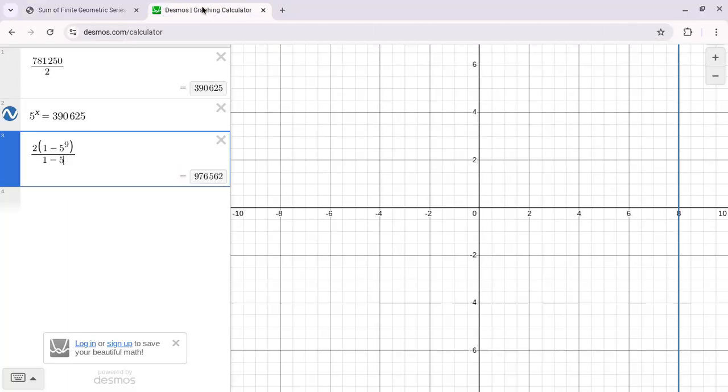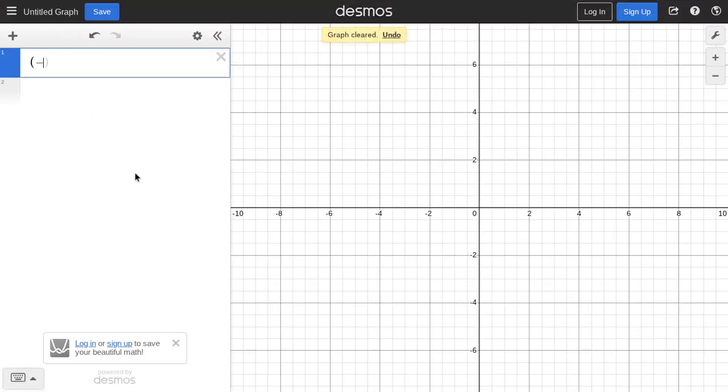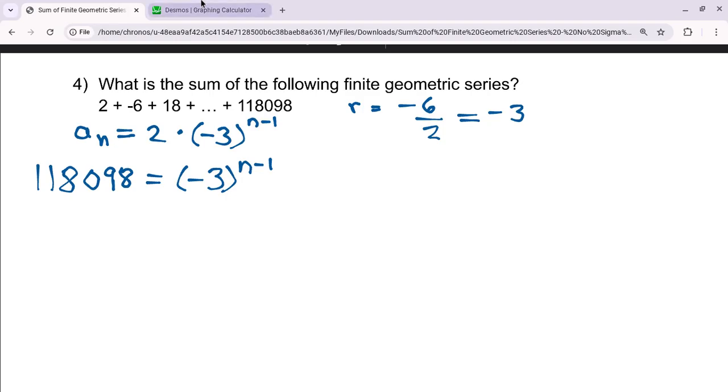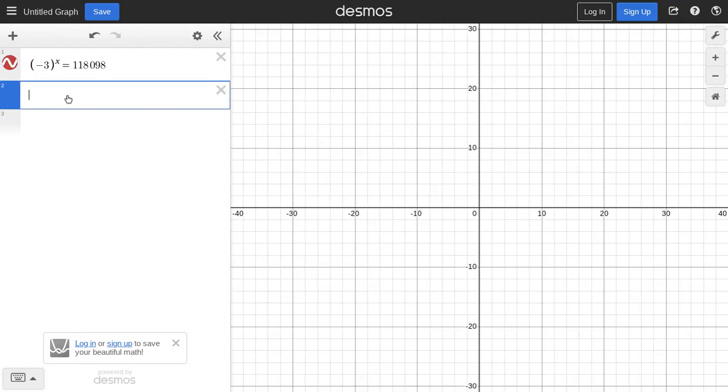I'll show you what we need to do. So we're going to clear everything. So we'll do, in parentheses, -3 to the x power equals 118,098. And you notice we don't see anything. If I zoom out, we don't see anything. So we actually have to do here -3, and we'll start raising it.